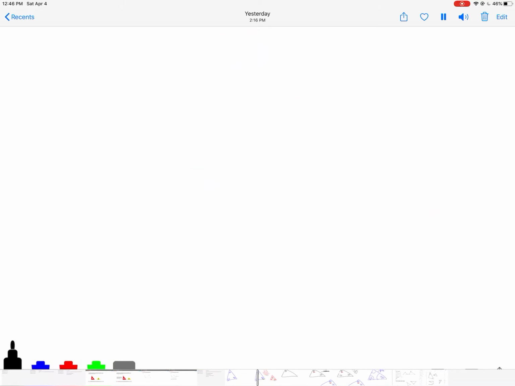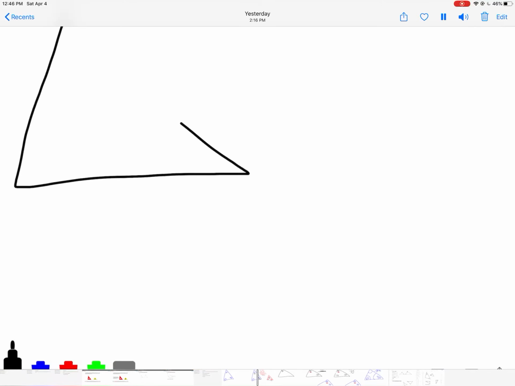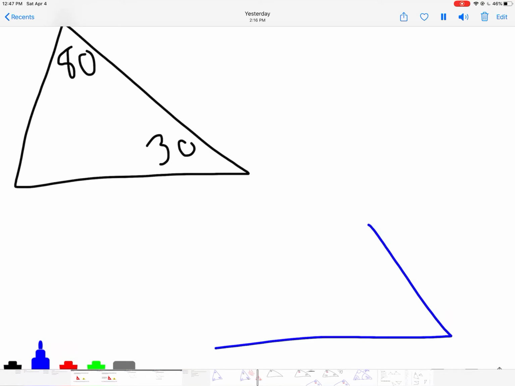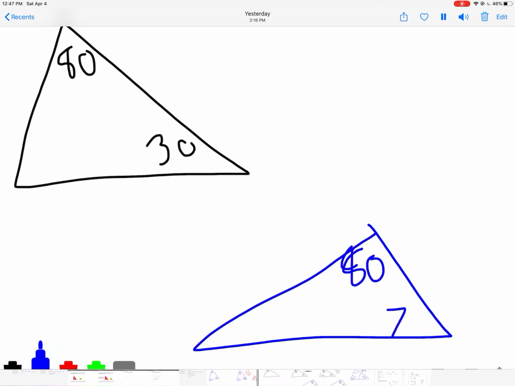You might run into some that might be a little bit more challenging though. For example, this one right here, this is 30, 80. Let me erase it. 80 right here. And we will just put another triangle like this. Let's say 80 and 70.